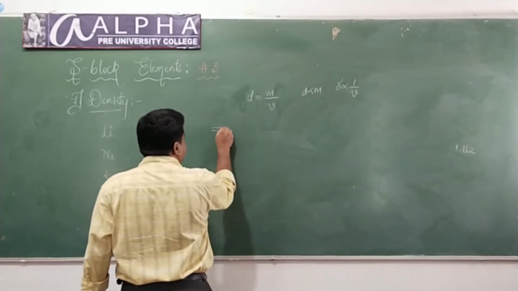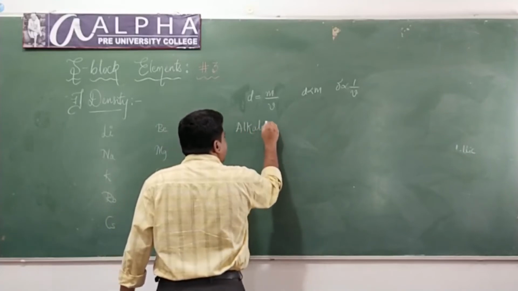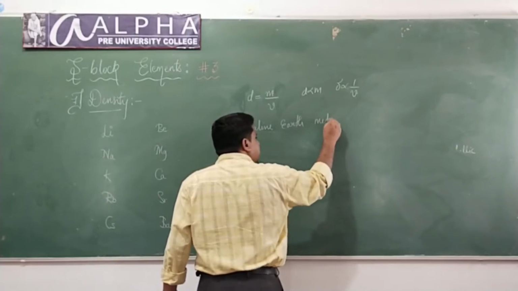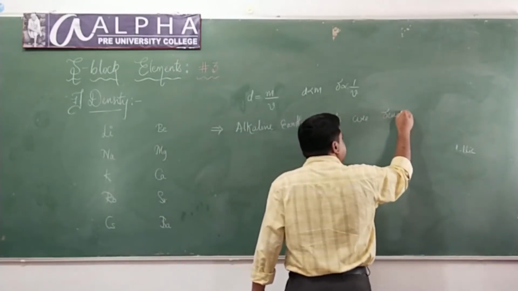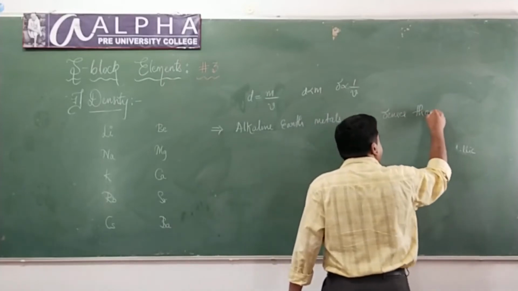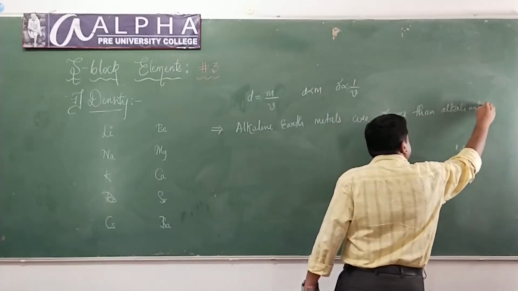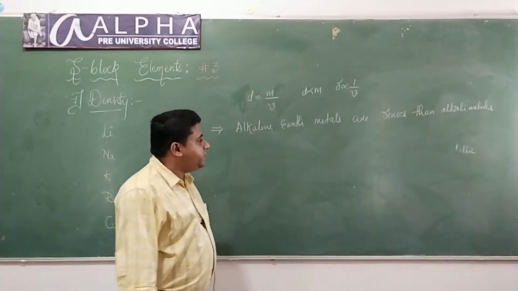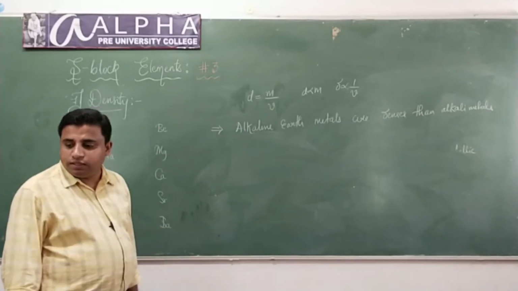Yes, the conclusion is alkaline earth metals are denser than alkali metals. Hope you got the reason.